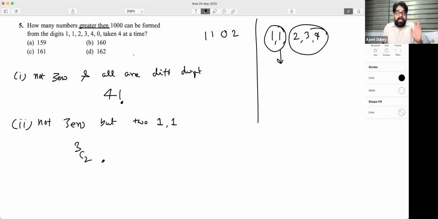So 3C2 ways I can select 2 digits. Now I'm having what structure? Like this, A, B. A and B, any one of this. So how many ways can it be done? Into 4 factorial divided by 2 factorial. Why divided by 2 factorial? Because 1 is repeating.